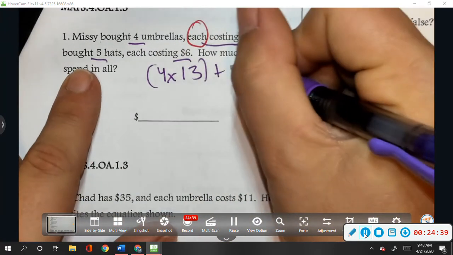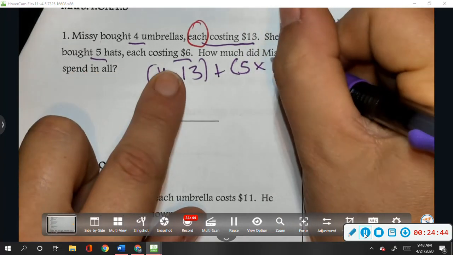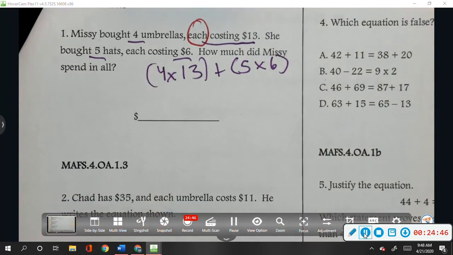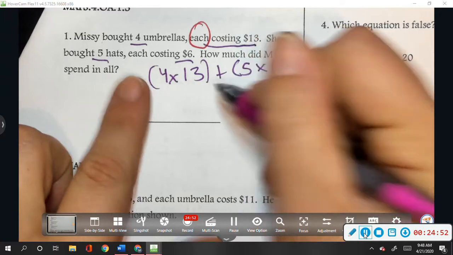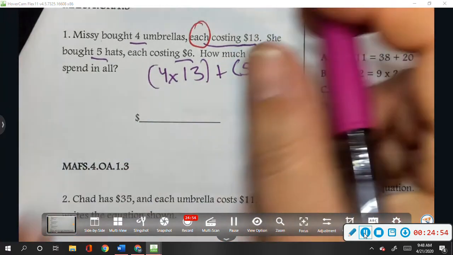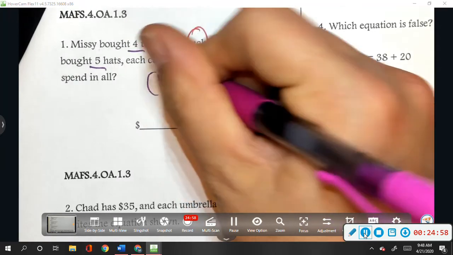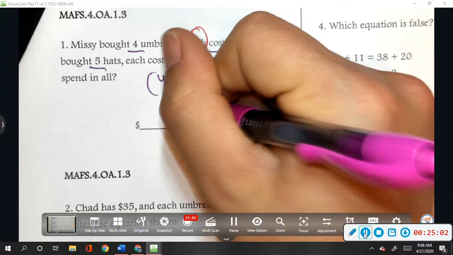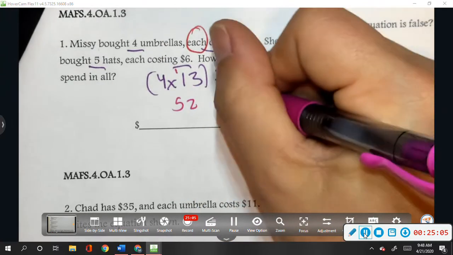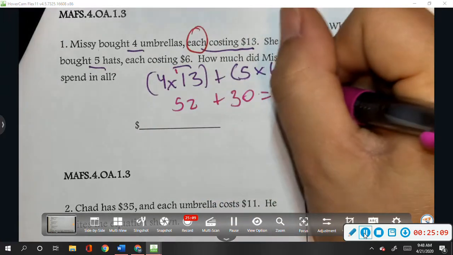We had 5 hats, each costing $6. Remember, my parentheses are just there to keep my numbers separate. This is just umbrellas. This is just hats. So 4 times 13, 4 times 3 is 12, carry the 1, 4 times 1 is 4, plus the 1 would be 5, and then 5 times 6 is 30, so altogether she spent $82.